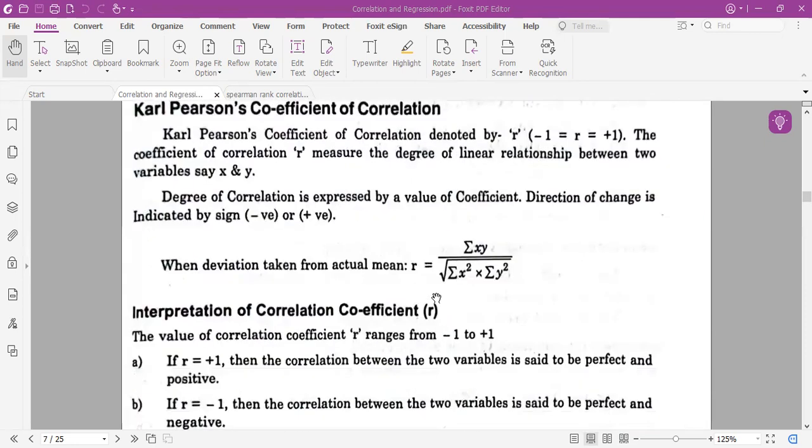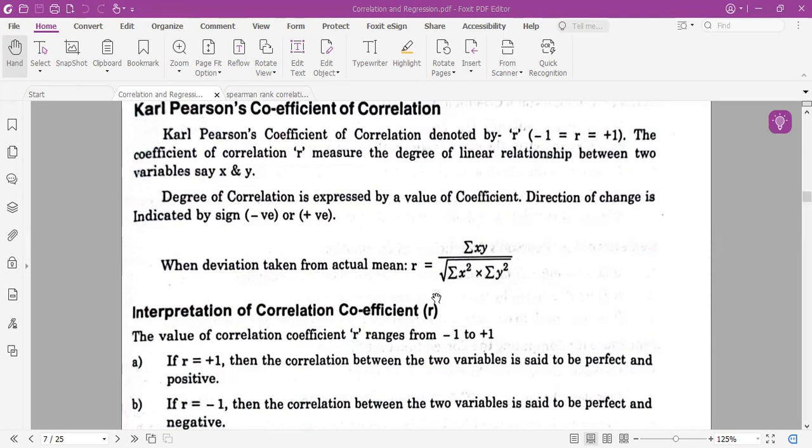So let us go to the Karl Pearson method. Karl Pearson is also called the father of statistics. He has given this particular method for calculating the correlation. Karl Pearson coefficient of correlation basically deals with calculating the coefficient value called R. R can have a value between -1 and +1. The coefficient of correlation R measures the degree of linear relation between the two variables x and y.